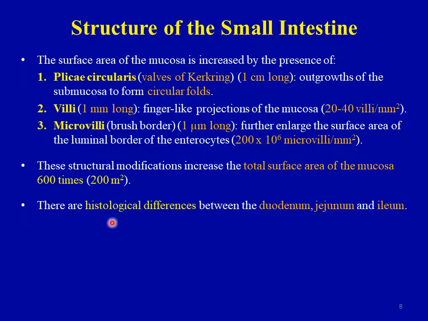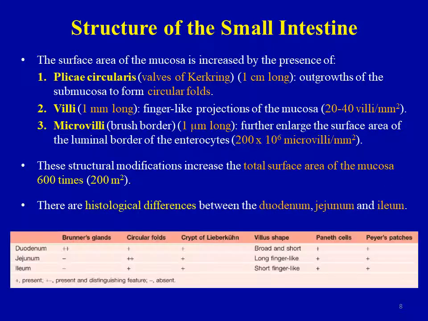There are histological differences between the duodenum, jejunum, and ileum, and I guess that you already studied that in anatomy. Quickly, here we can see that the Brunner's glands are present only in the duodenum, and they are absent from the jejunum and ileum.